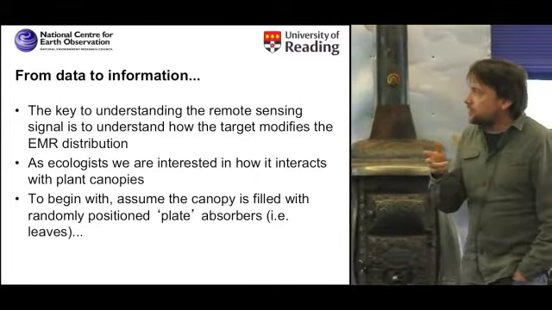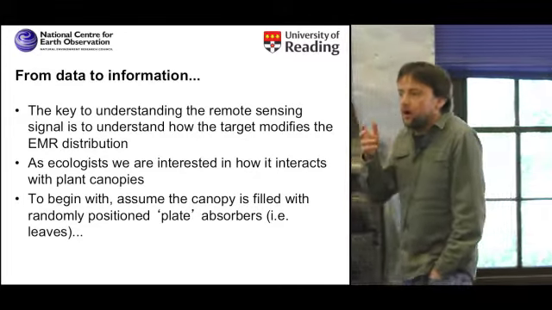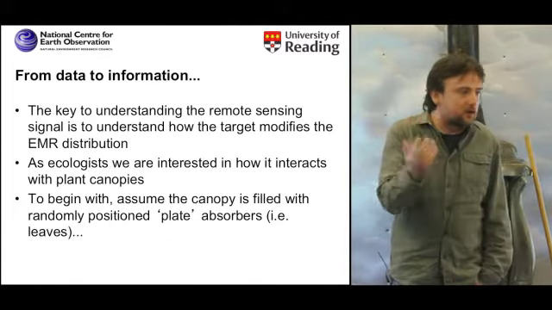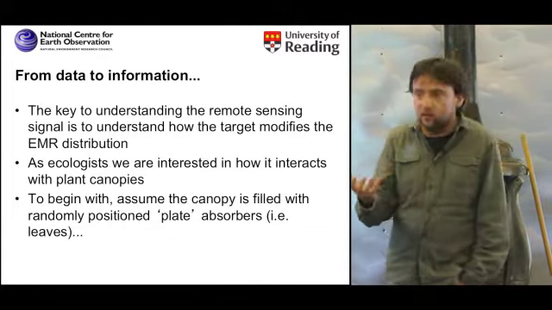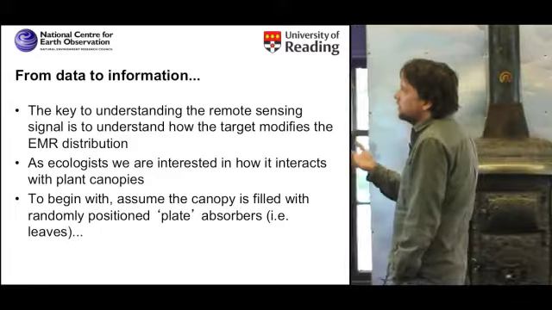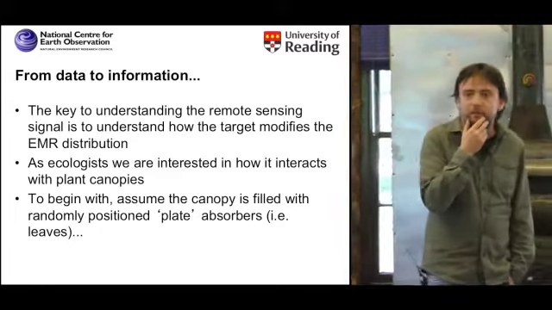And as ecologists, or the sorts of ecologists that would take this course, what we're primarily interested in is how that radiation interacts with plant canopies.